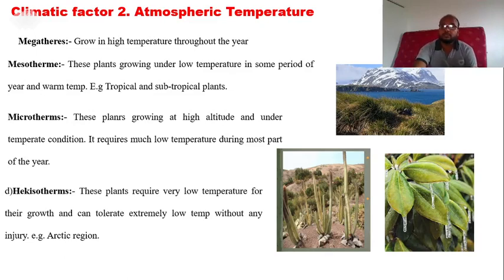For example, the plants which grow in the Arctic region, where the temperature is very low. So these are the megatherm, mesotherm, microtherm and hekistotherm. These are four different types of plants which prefer different atmospheric temperatures. So I think you have got light as a climatic factor and atmospheric temperature as a climatic factor.